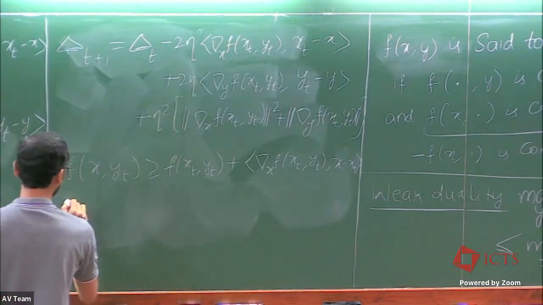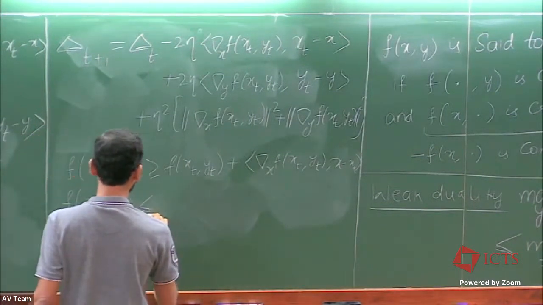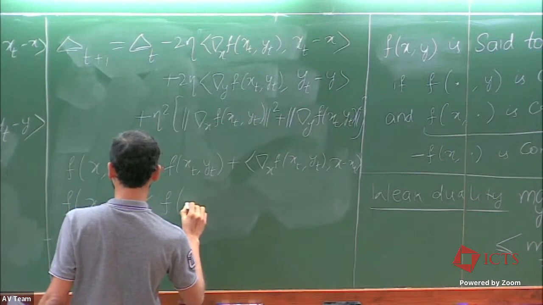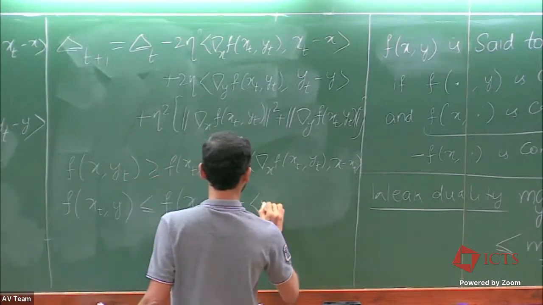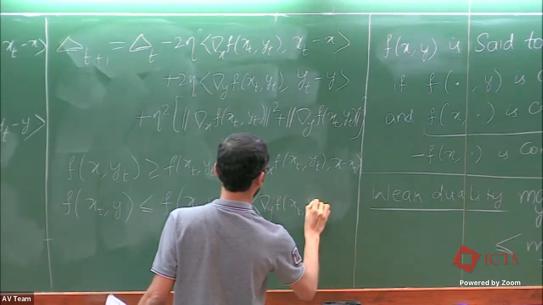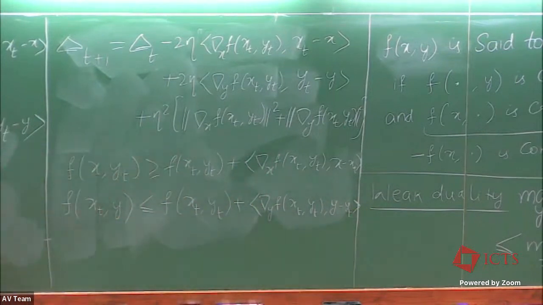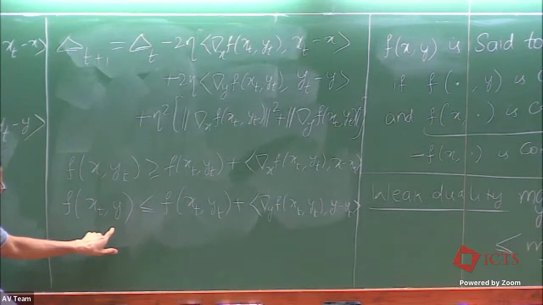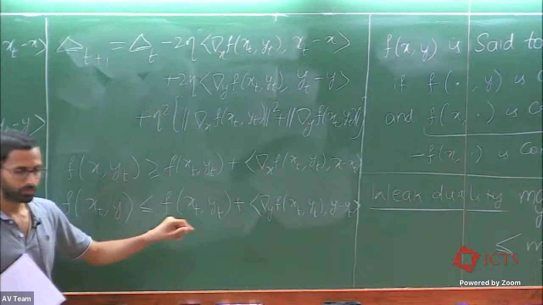Similarly, for the y variable it's concave, which means that f of x t, y is less than or equal to the first order term. Fixing x t, f is concave in the y variable, so the function value at x t comma y is upper bounded by the first order Taylor expansion at x t, y t.